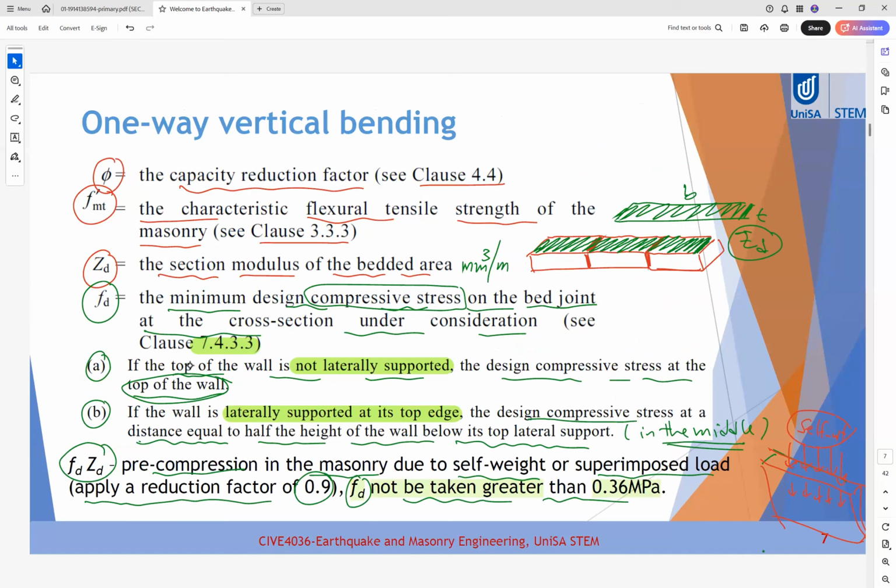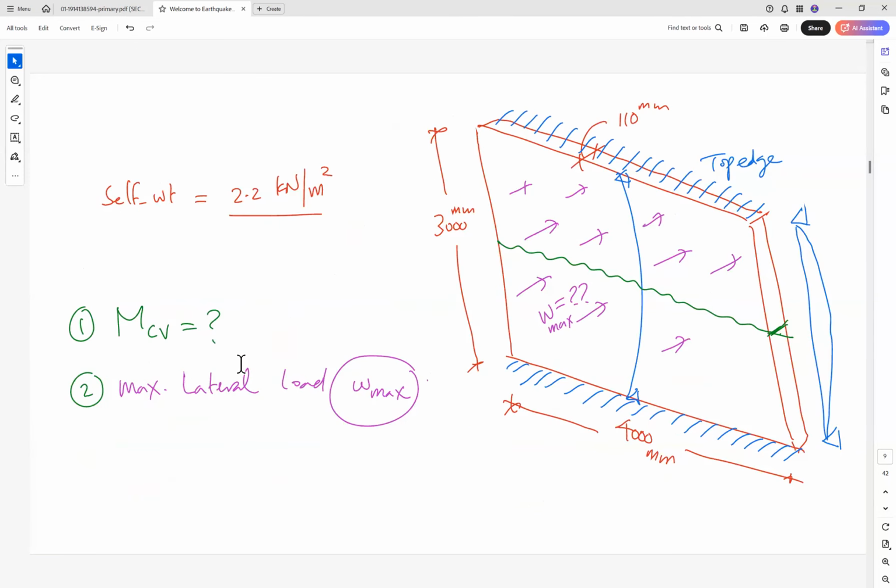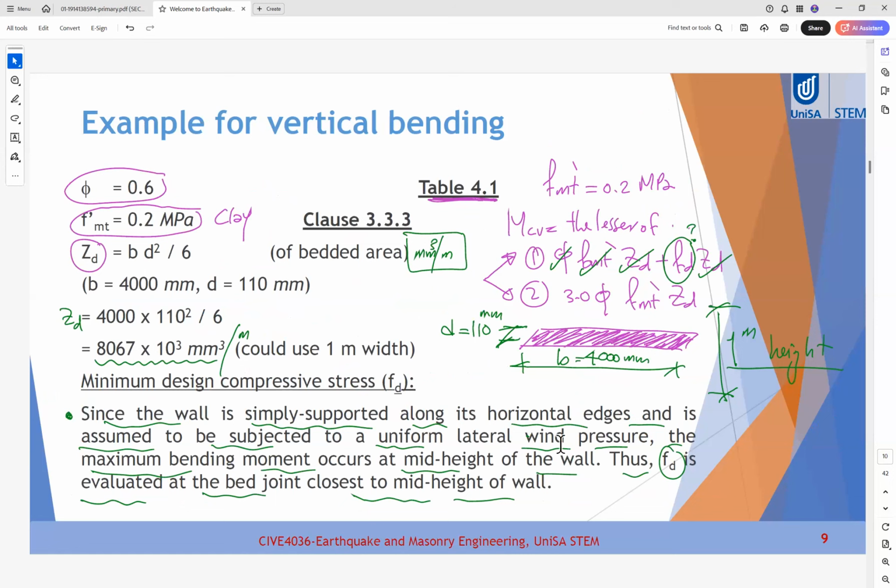FD is the minimum design compressive strength at the bed joint at the cross section under consideration according to these two cases. So if the wall is laterally supported at its top edge, because this is our case, the design compressive strength will be at the distance equal to half of the height of the wall below its top lateral support, which means almost in the middle of the wall, or the mid height of the wall. That's why FD will be calculated at the mid height of the wall.